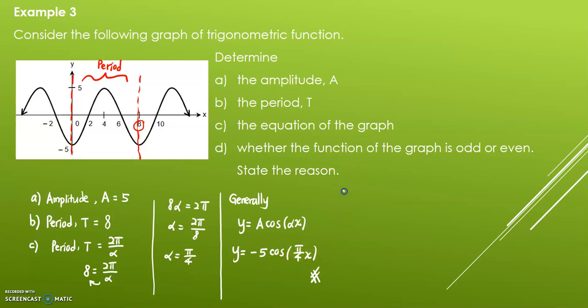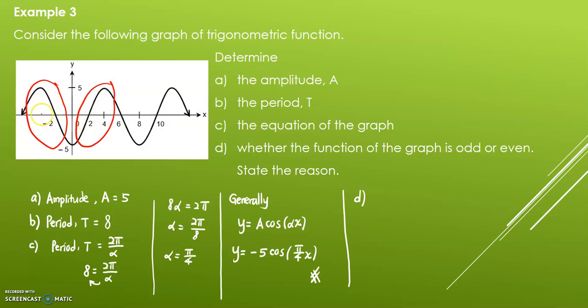We move on to question D. Determine whether the function of the graph is odd or even. You can see that this part is actually symmetry to this part. If I separate it into two, this part is symmetry to this part.